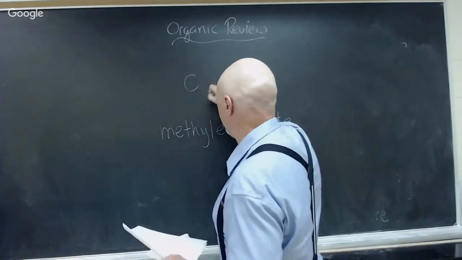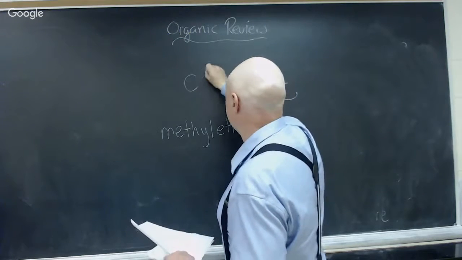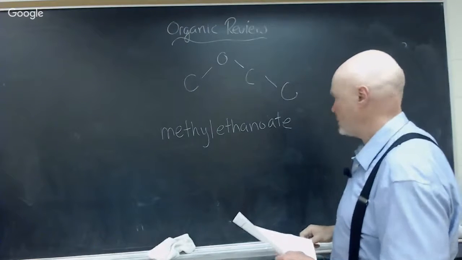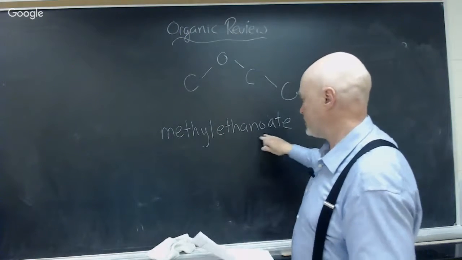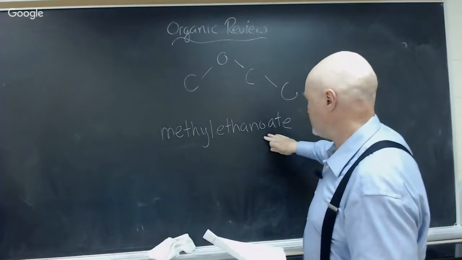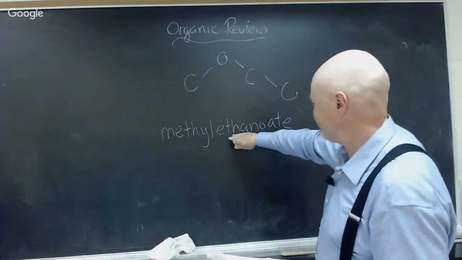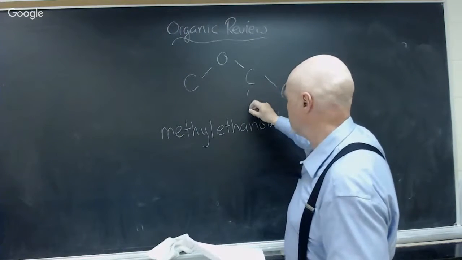Okay, so there's my 1, and here's my 2 carbon one, and then in the middle is an oxygen. This is actually an ether, and what we need to do is figure out where the second part of the functional group goes.